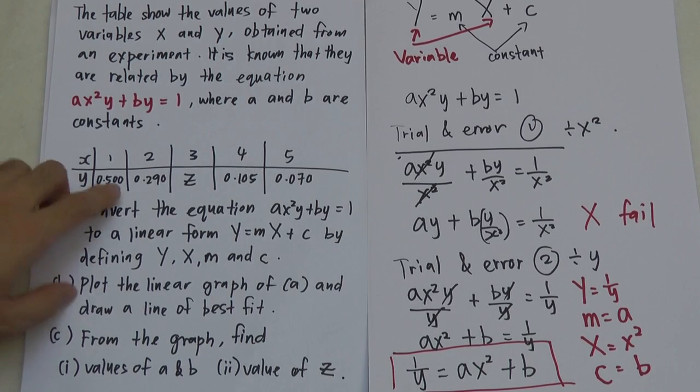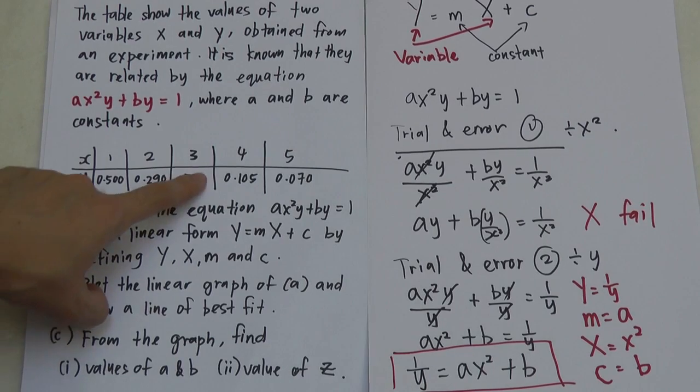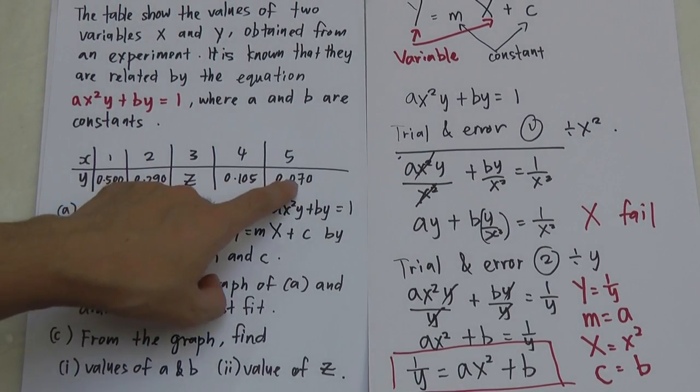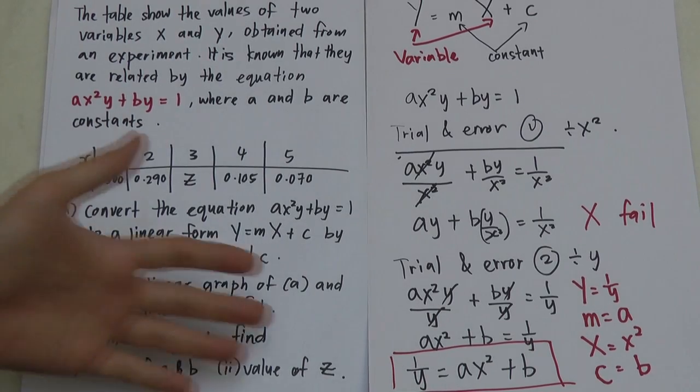So that means I will get 1 over 0.5, 1 over 0.29, 1 over z, 1 over 0.105, and 1 over 0.07. Alright, so after that I will form a new table. After I get the new table, I will draw a straight line. And then part c, of course he will ask you to find all the unknowns a, b, and z.